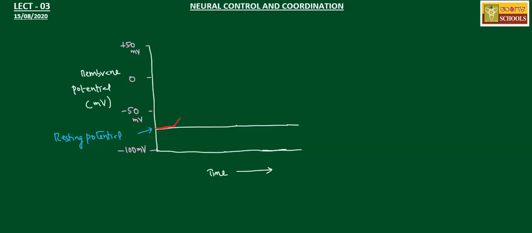So here I'll just mention the threshold value. In most of the mammalian neurons, the threshold value is minus 55 millivolts. So this is the threshold potential, and it is minus 55 millivolts.